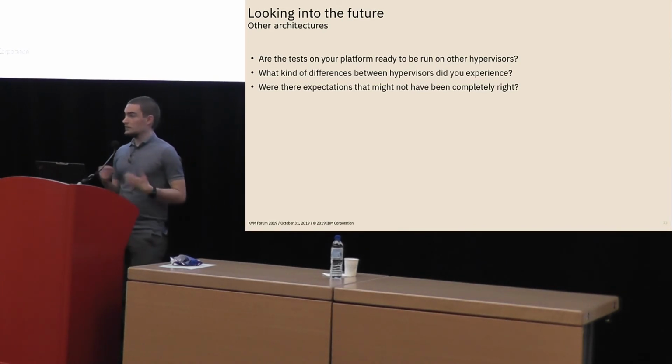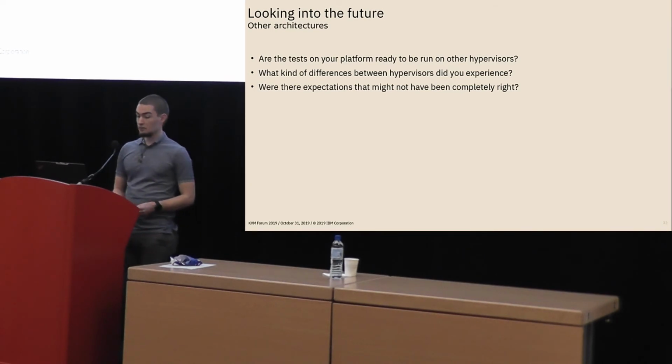I set out in this presentation to actually ask you and maybe also network with some of you. Do you actually test on multiple platforms, multiple hypervisors? What kind of differences did you find when testing between these hypervisors?